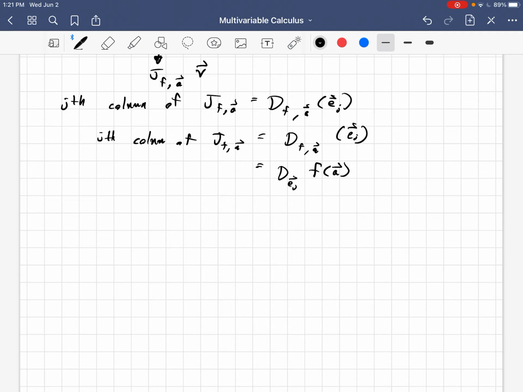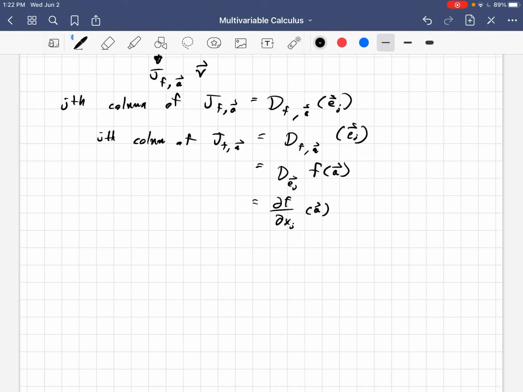But realize that the directional derivative in the direction of a standard basis vector is just a partial derivative. This is just the partial derivative of f with respect to x_j, evaluated at the point a.